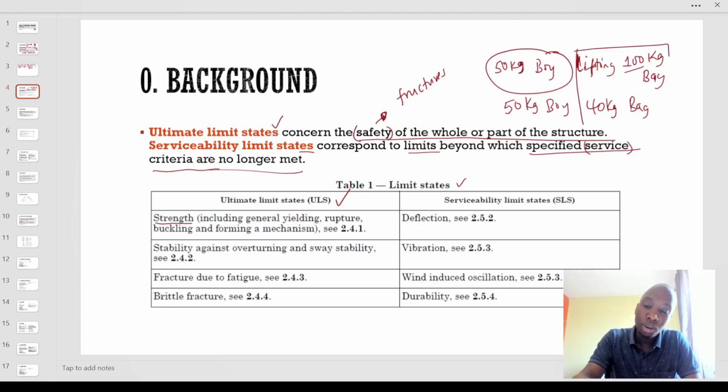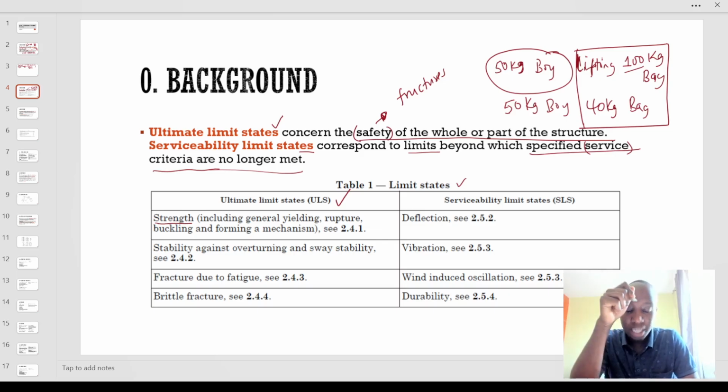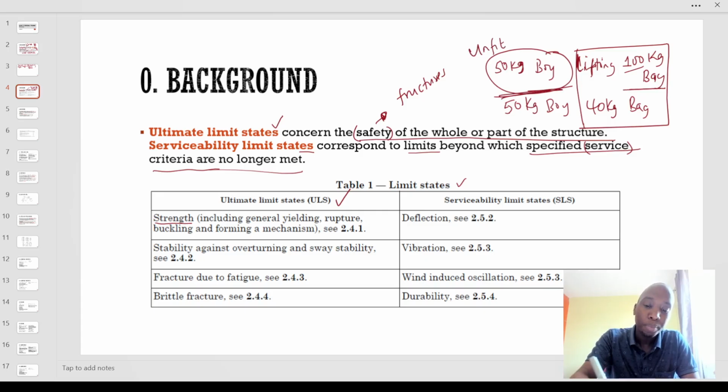Okay, so we cannot say this building is strong or not. We can only say that it is not strong, it cannot hold this load that we want to apply. And as long as the load exceeds the design strength, which is 50 kg, the structure is unfit or is not strong, is weak.